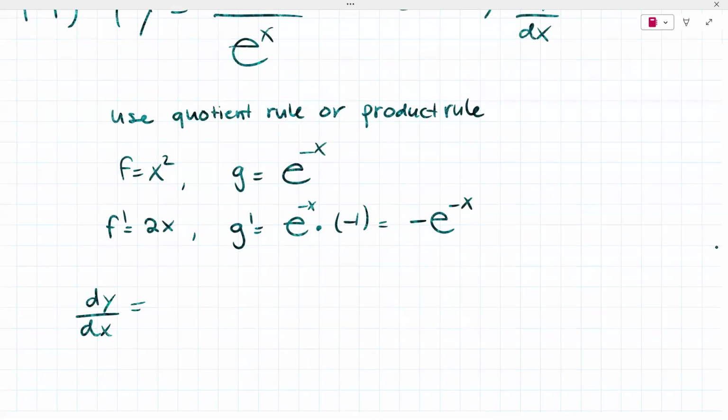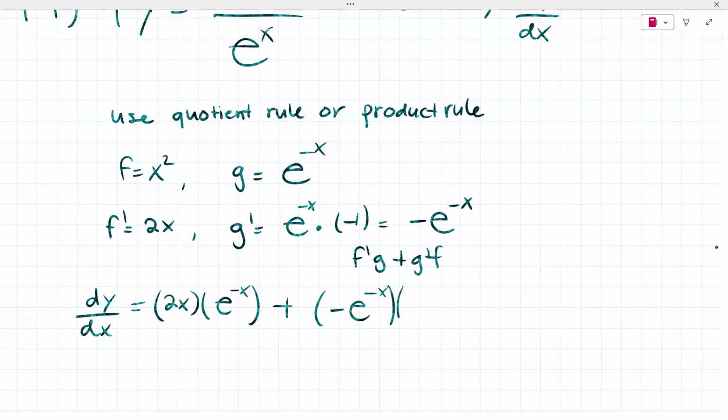Now continue on with the product rule. So the product rule was f prime g plus g prime f. So f prime is 2x, g is e to the negative x, plus g prime, which is negative e to the negative x, times regular f, which is x squared.